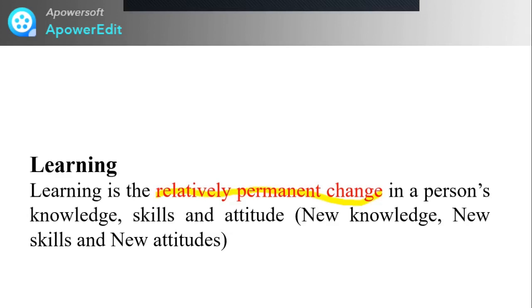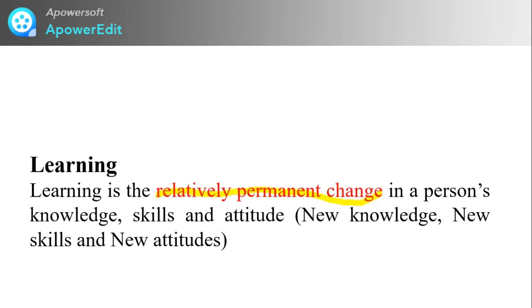For example, if you learn something but you erase those things, that is not learning. If you learn but discard it in the short term, that is not a permanent change. Permanent change means when you hear something, you keep it in your mind. The second time, when you are going to do something, you recall, you remember, you apply. That is a permanent change.